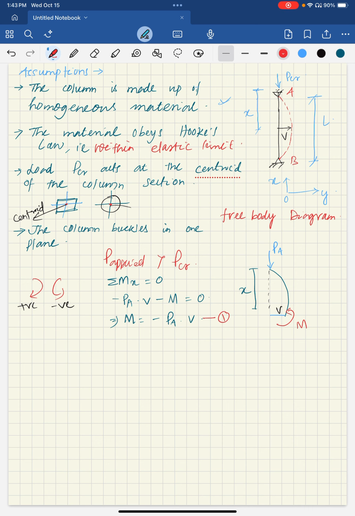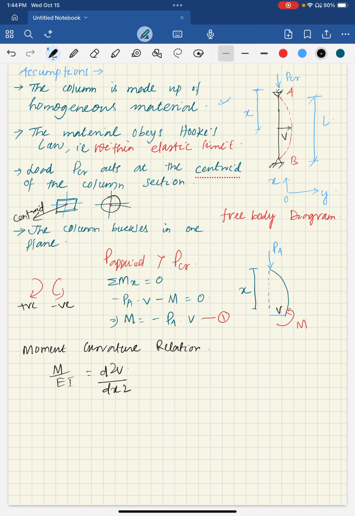Now from the moment curvature relation, we have M by EI is equal to d square y by dx square.